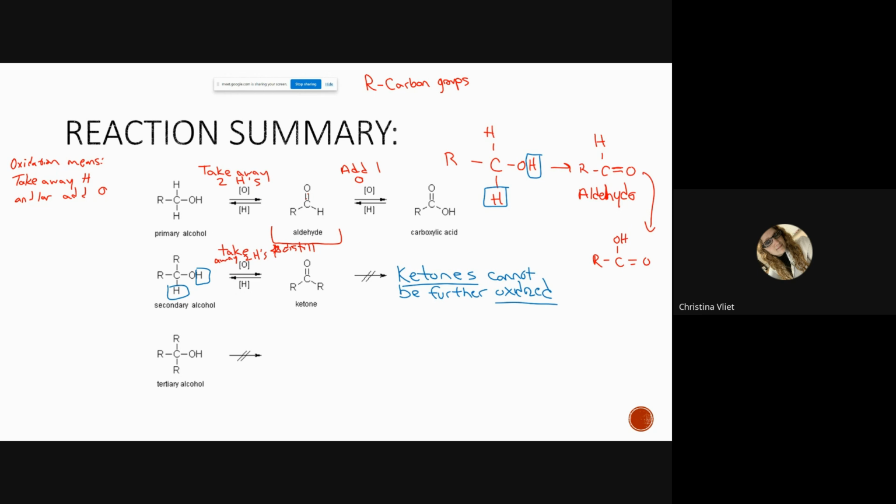And tertiary alcohols stay alcohols. Right. And so let's explain why. Tertiary alcohol. You have to take away two hydrogens the first step, right? So take away two hydrogens. Where's the hydrogen at on this carbon to make the double bond?